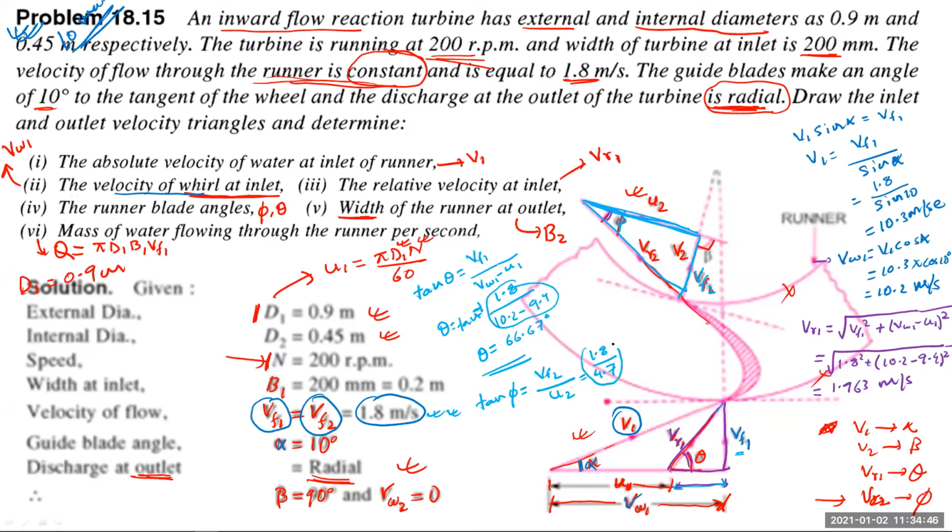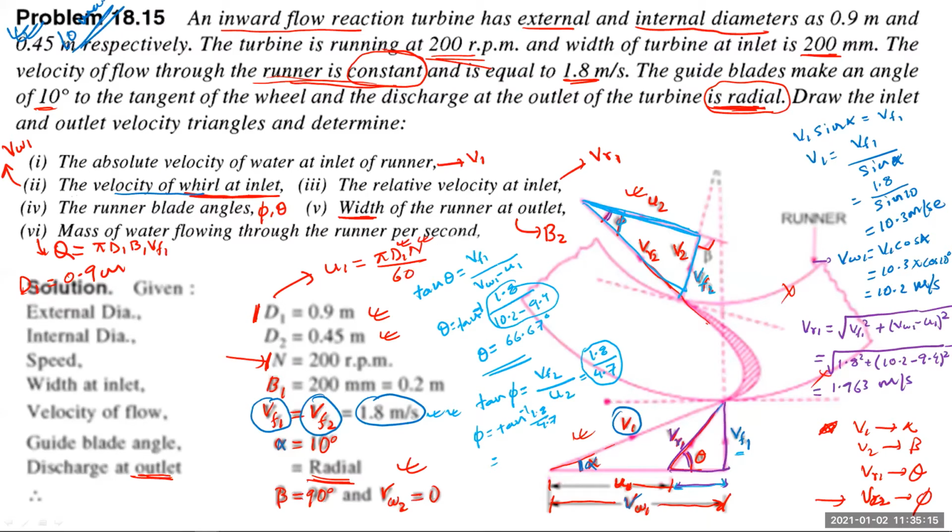This value is your tan phi. For calculation of phi you need to calculate tan inverse of 1.8 divided by 4.7. The value of phi you get is 20.90 degrees. So this is your blade angle in question number 4.